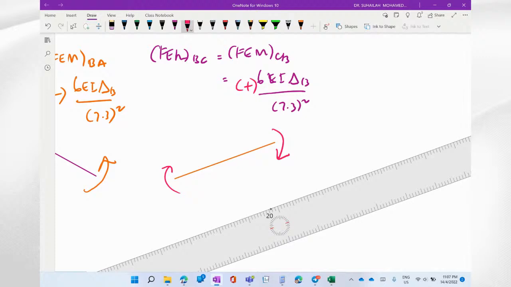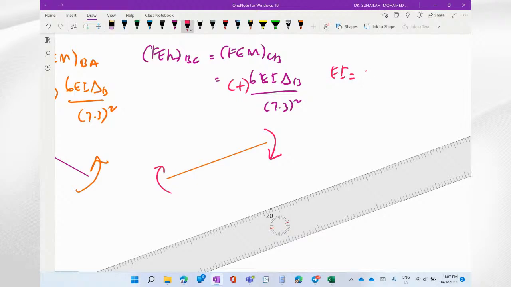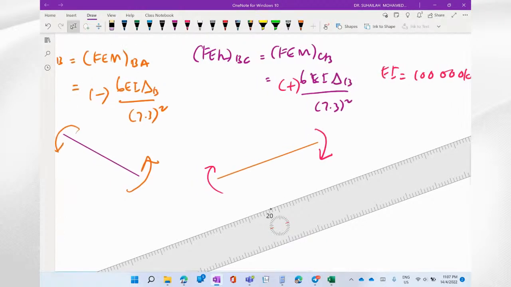So let's say EI is 100,000 kilonewton meter square. We will calculate the new FEM.